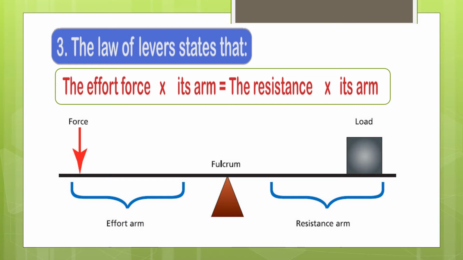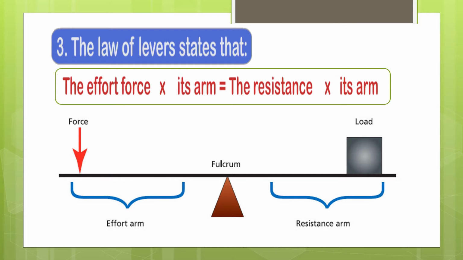here we have the law of levers. The law of levers states that the effort force that exerted by person multiplied by effort force arm must be equal to the resistance force that exerted or resulted from the weight of the body that I want to move multiplied by the resistance force arm.